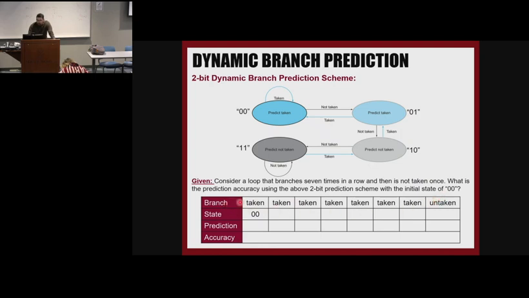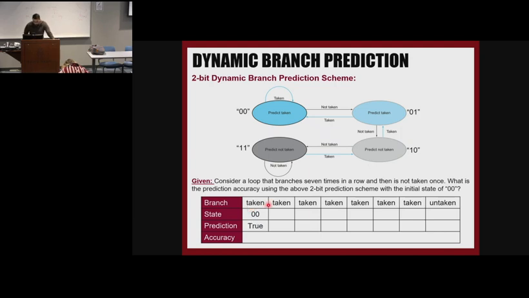So when we're at state 0, 0, what you see up here is the actual behavior of the loop branch. This is how it should work. Ideally, if you make all the correct predictions, it should work like this: taken, taken, taken, and one not taken at the end. Okay? So if you're at state 0, 0, our prediction would be take the branch. And when we go to the decoding stage and we evaluate it, we see that we actually made the correct decision.